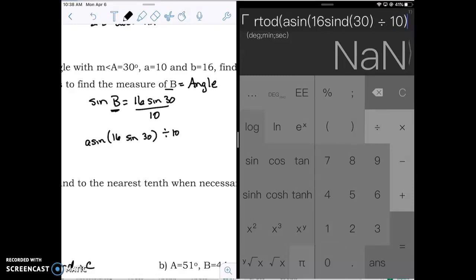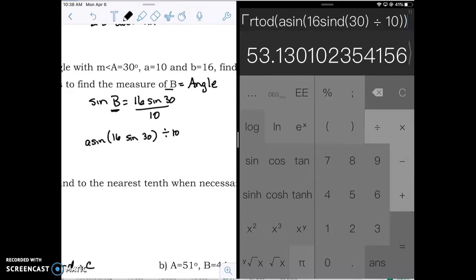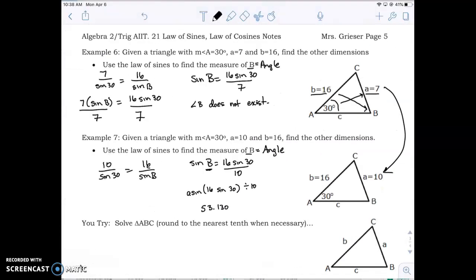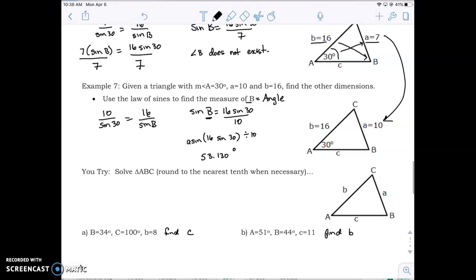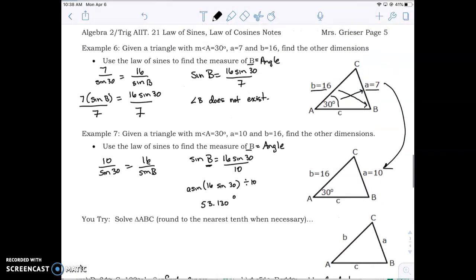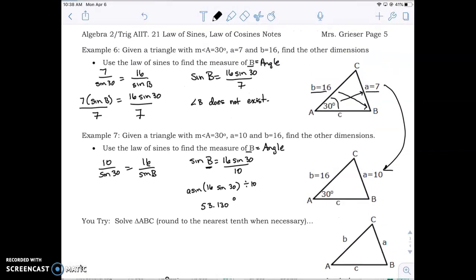Close the parenthesis and hit enter. If you don't hit enter, you don't get an answer. Okay, that's better. Nice. So what's the measure of my angle? 53.130 degrees. Neat.